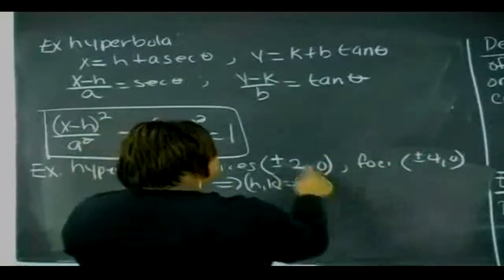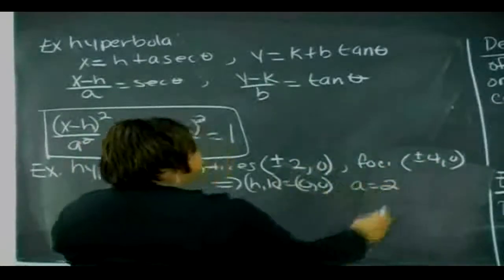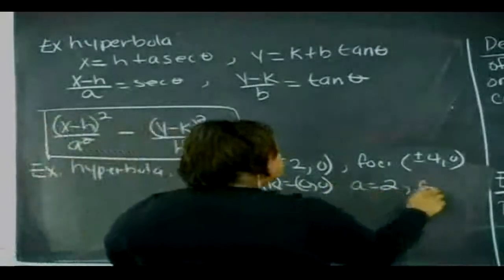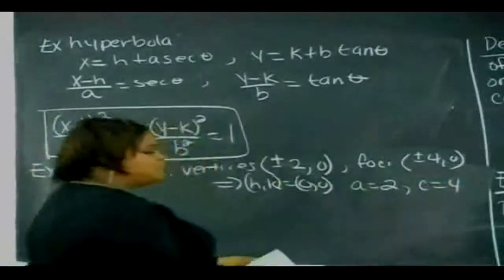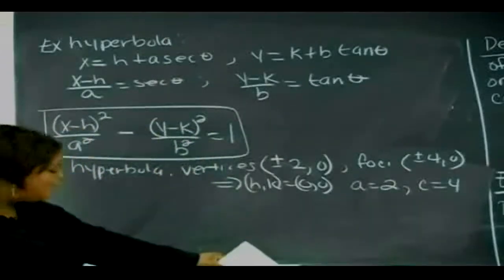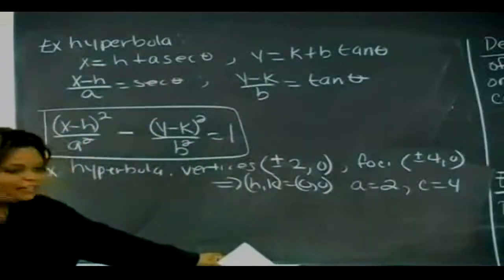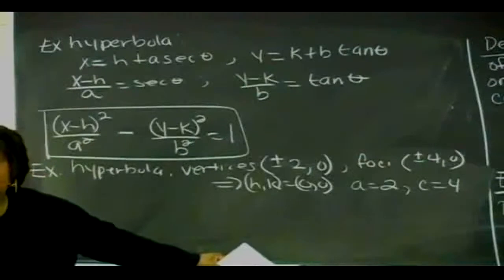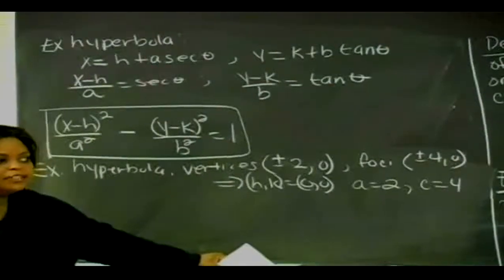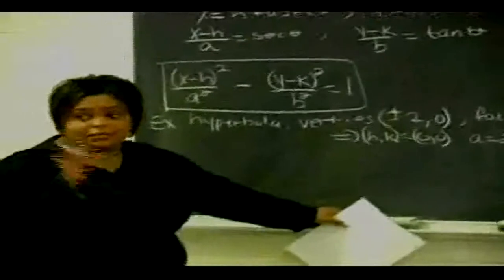The foci, so this is what? a is going to be 2 because the vertices are a units from the center. The foci are c units from the center. Right? So I can find b. Now I need the correct formula for the hyperbola in finding b, because with the ellipse and the hyperbola, those equations are different.